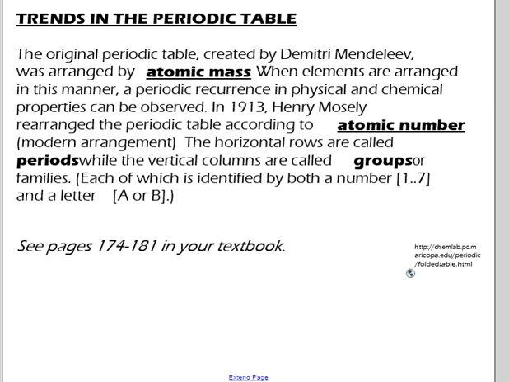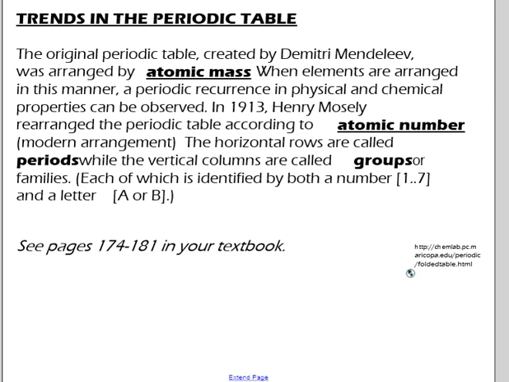Now, the reason he did 7 rows instead of 8 is because we hadn't discovered the noble gases at that time, because we were learning about elements in terms of how they react. And of course, the noble gases are non-reactive. So he found out that by arranging them according to atomic mass, there was a periodic reoccurrence.